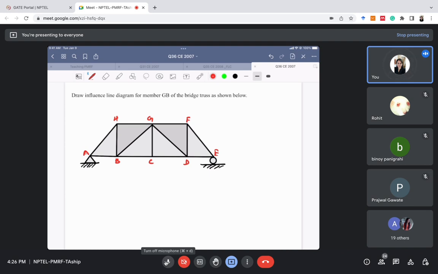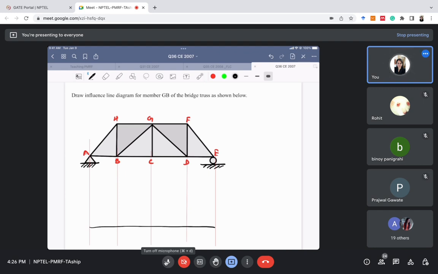Let us draw this first. Let us divide it into different sections first. Then the first step is to calculate the reactions. We'll calculate the reactions for different positions of the point load.